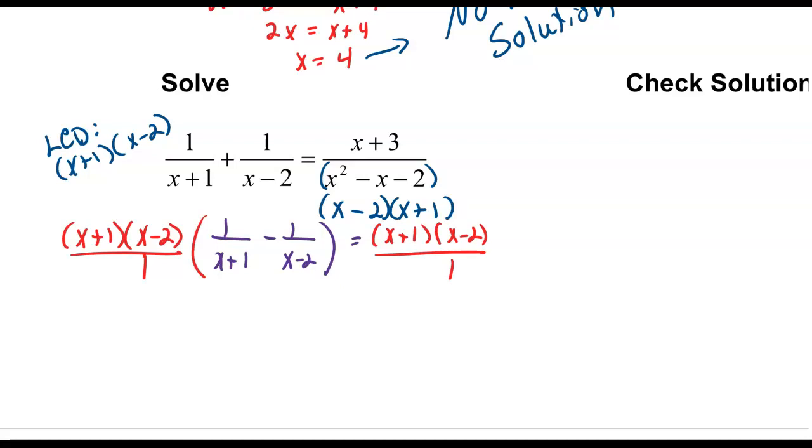Times our x plus 3. Now notice how I'm rewriting this, my x minus 2 to my x plus 1. I'm keeping it in the factored form because is it easier to show? It cancels out.